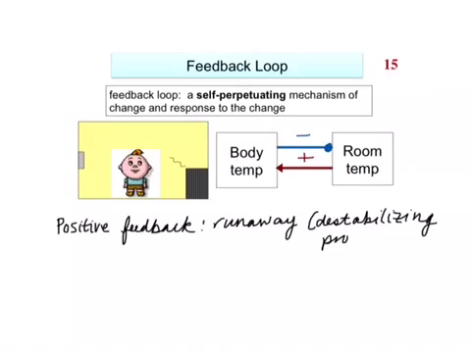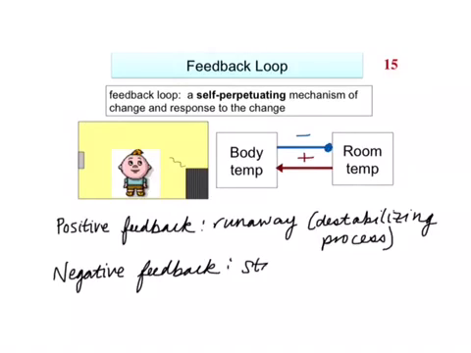It's a destabilizing process. And a negative feedback is a stabilizing process. And here's a neat trick. If we're looking at a coupling diagram, you could just multiply, you could go around the circle.